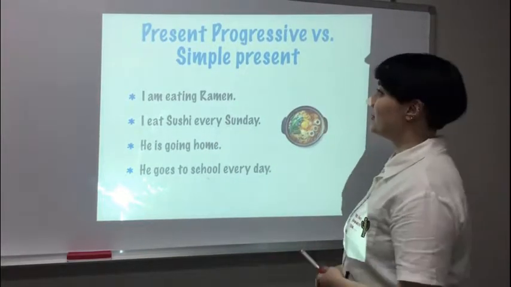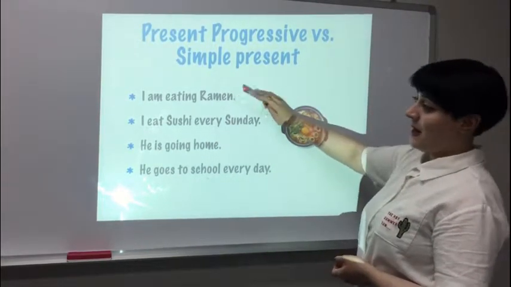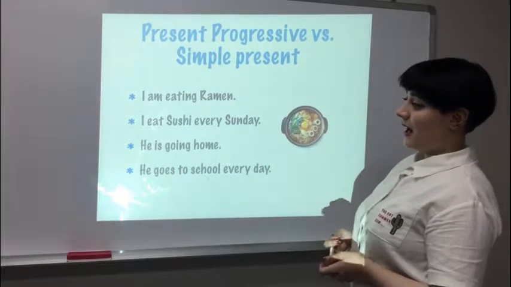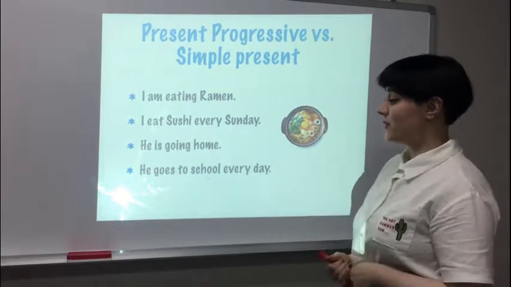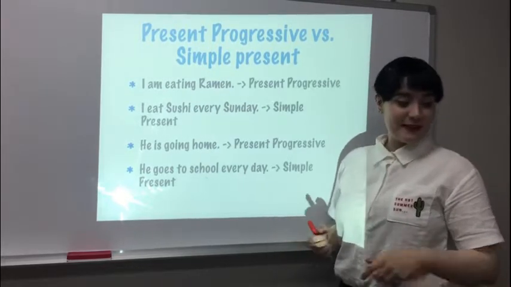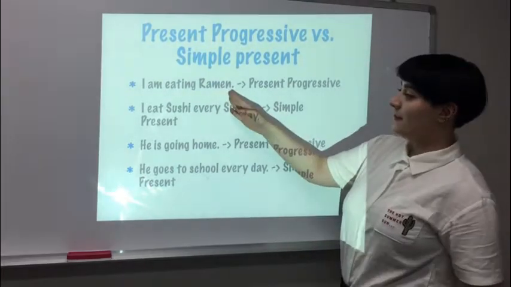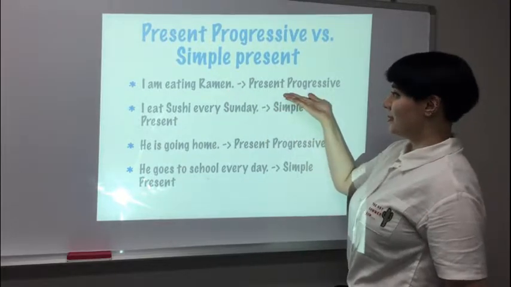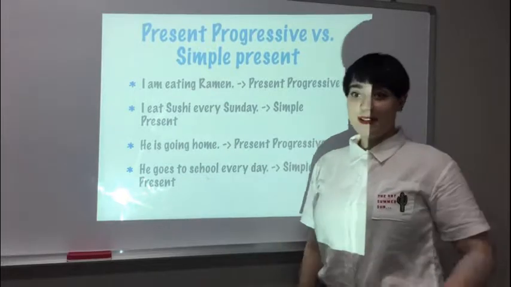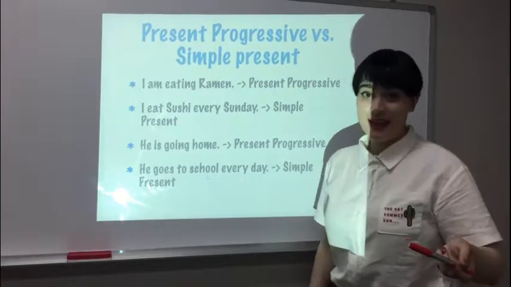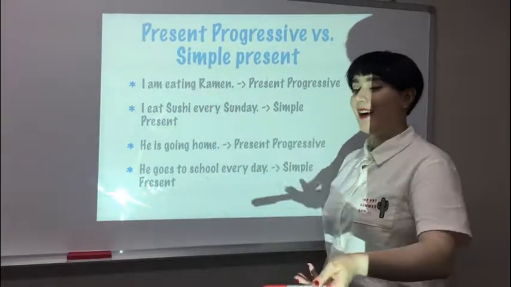Other examples would be: I am eating ramen, I eat sushi every Sunday, he's going home, he goes to school every day. As you can see, I am eating ramen is present progressive because we have the ing. This person is not necessarily eating ramen every day, but is eating ramen right now.